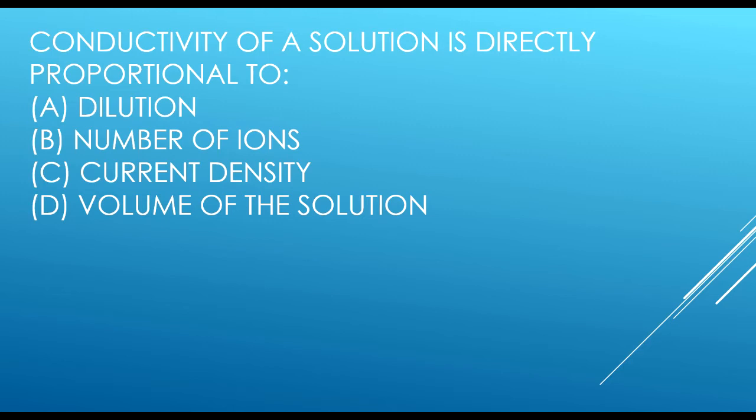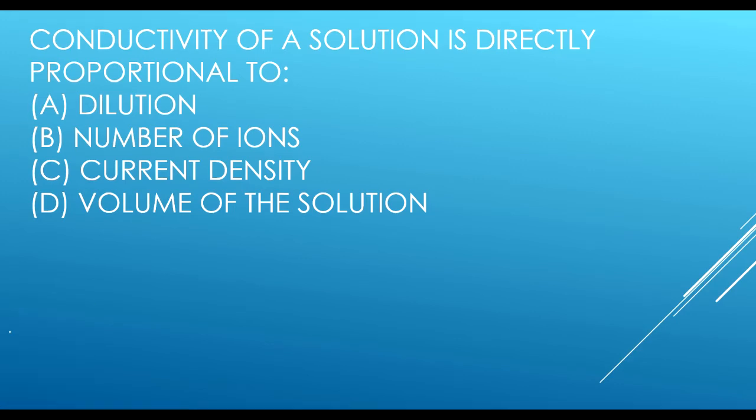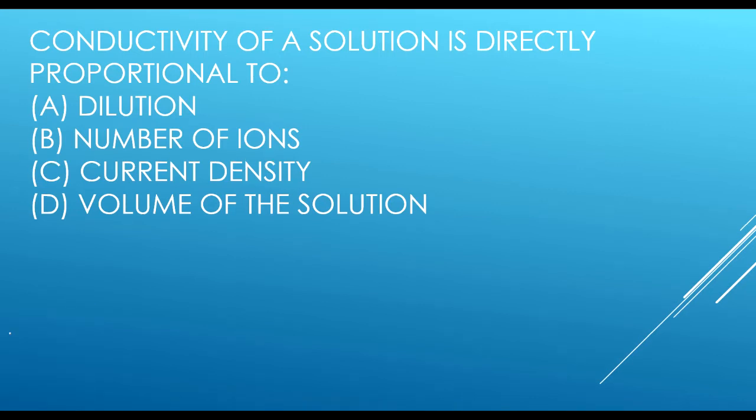Conductivity of a solution is directly proportional to dilution, number of ions, current density, or volume of the solution. At first you may think that all can be correct, but conductivity of a solution is directly proportional to the number of ions. Then there are current density, volume of the solution, and dilution.